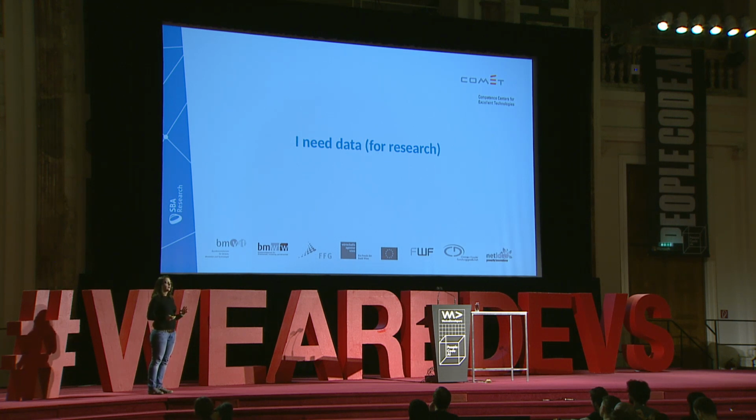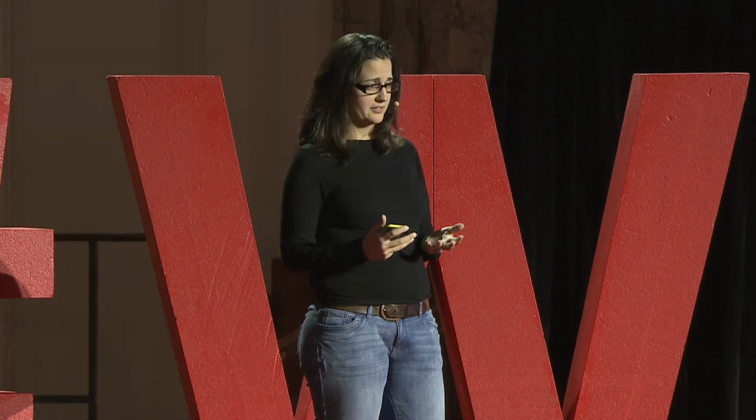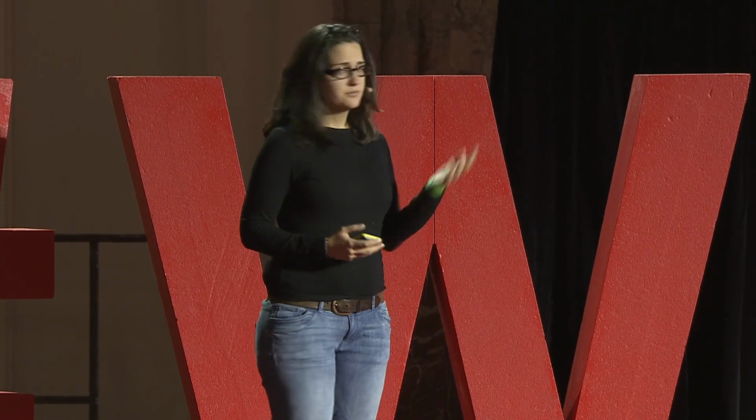In the next couple of minutes, I will first explain and show you why I need data for my research. And second, I will explain the challenges that I have thereby, and maybe also some introduction on how we solve it. My name is Johanna Ullrich. I'm working for SBA Research as a senior researcher.